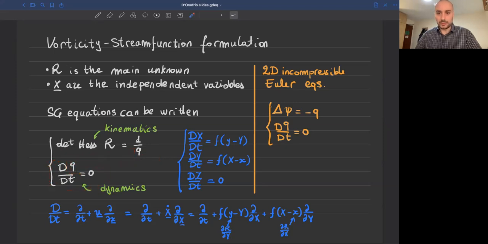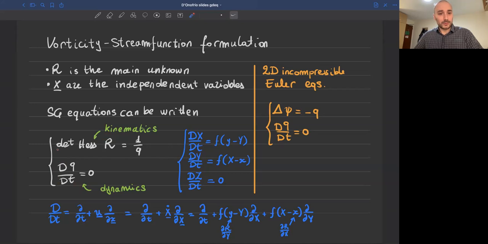And then, in place of the Poisson equation, we have a Monge-Ampère equation. This is a Monge-Ampère equation, right? A key observation is that we are able to write the advection operator in terms of R only. And everything here in blue is something which tries to give you an idea of why this is possible.